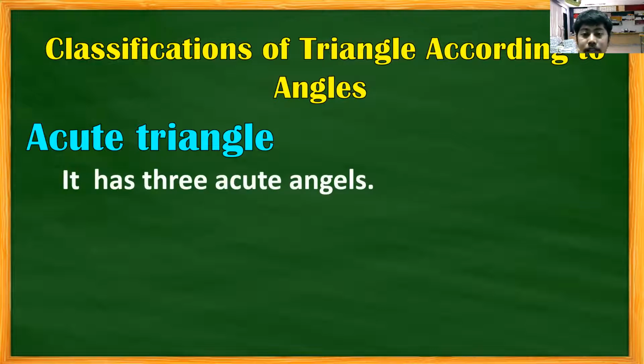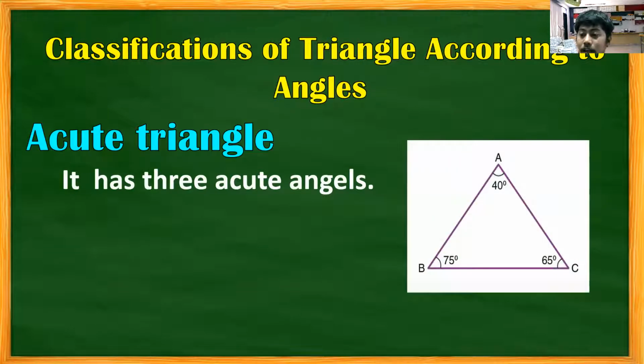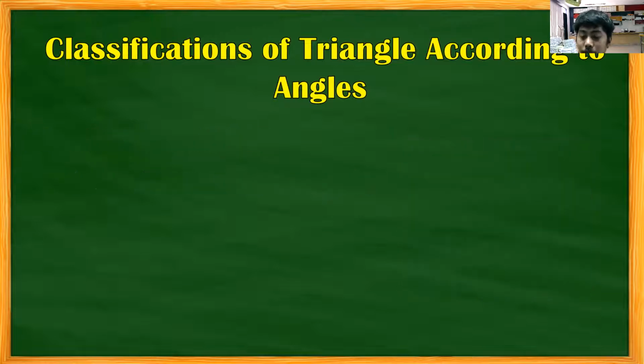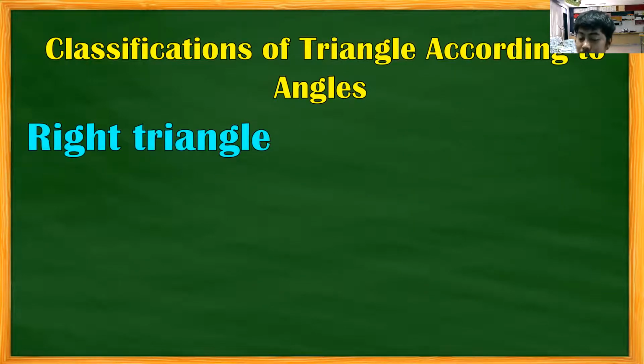Each of its angles does not exceed 90 degrees. Every one is always below 90 degrees, just like this one, 40, 75, and 65 degrees. That's what we call an acute triangle.